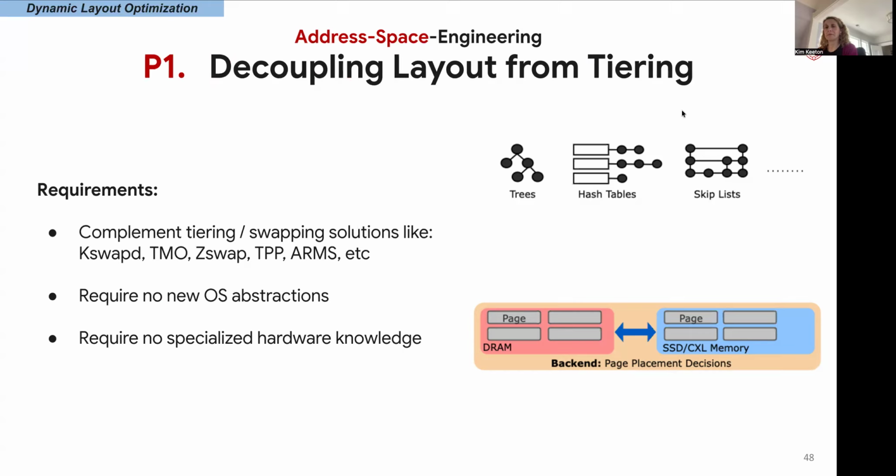We want to take advantage of these tiering systems rather than building yet another competitive tiering mechanism, and we want the solution to be adoptable. So we want no new OS abstractions or required hardware knowledge, to an extent.